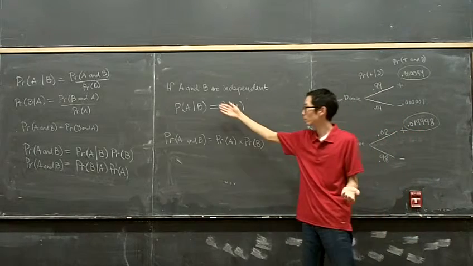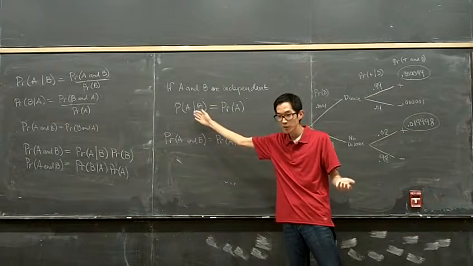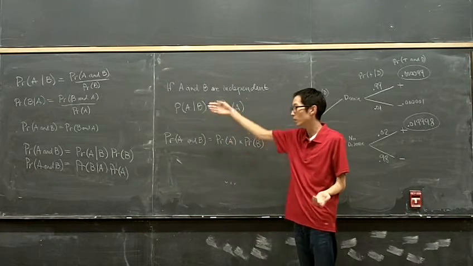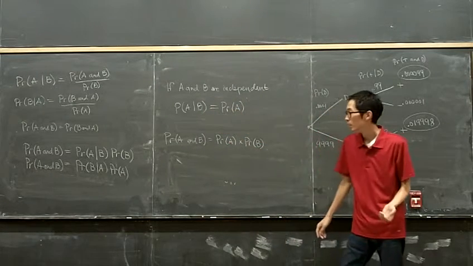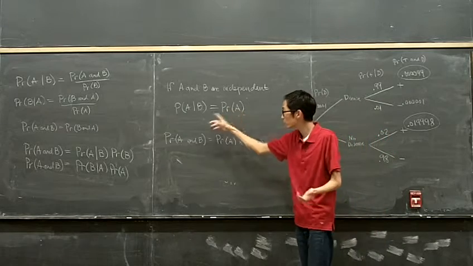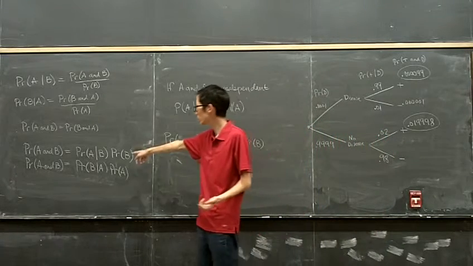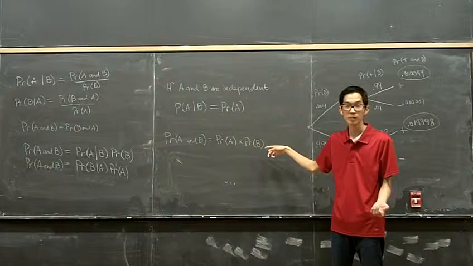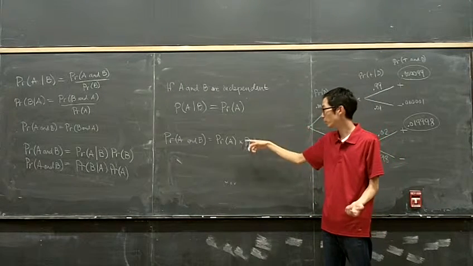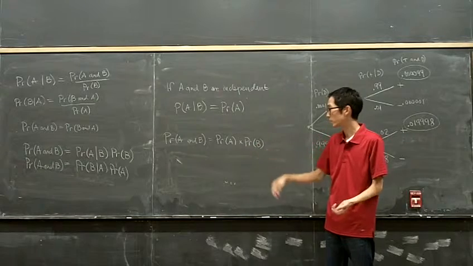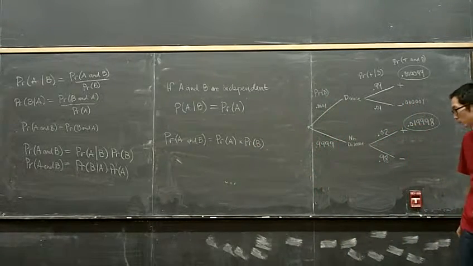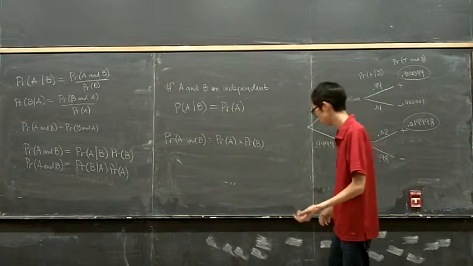My probability of A happening, of the coin landing heads, is just the probability that the coin lands heads, whether or not I know B. And so by using this substitution, we end up getting this exact same thing: the probability of A and B is the probability of A times the probability of B, for independent events.